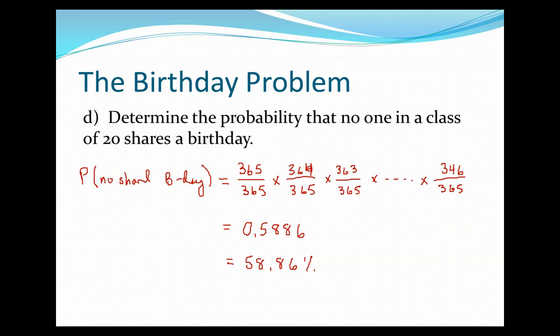Now that's actually getting kind of low. If we move to part E and we think about complements, either nobody shares a birthday or at least 2 people share a birthday, and maybe more, right?